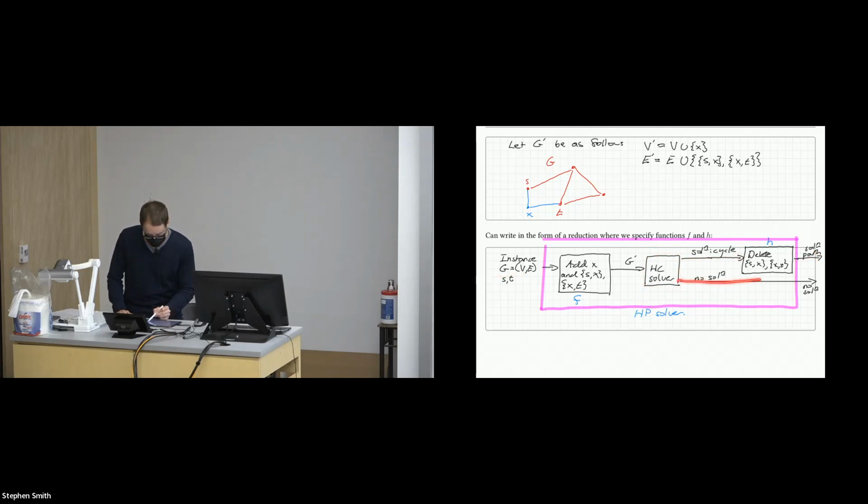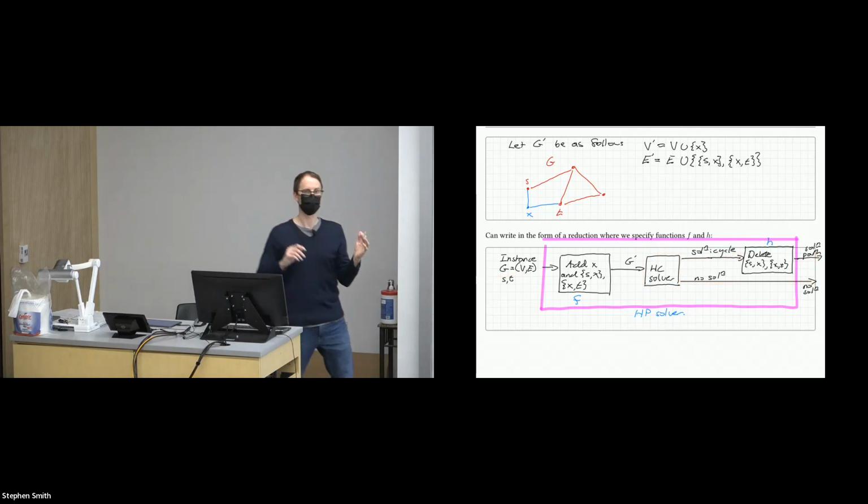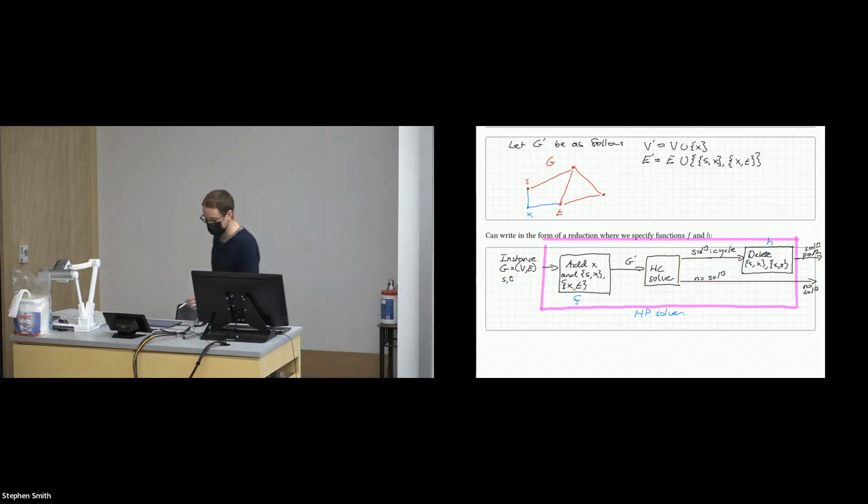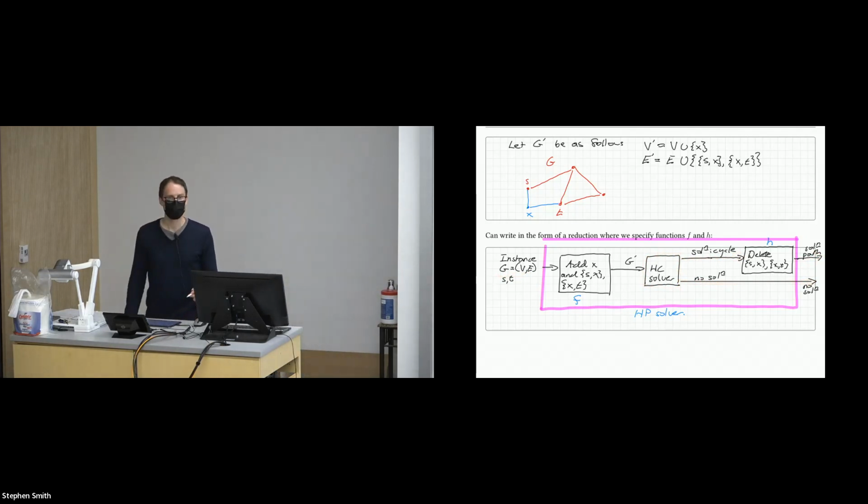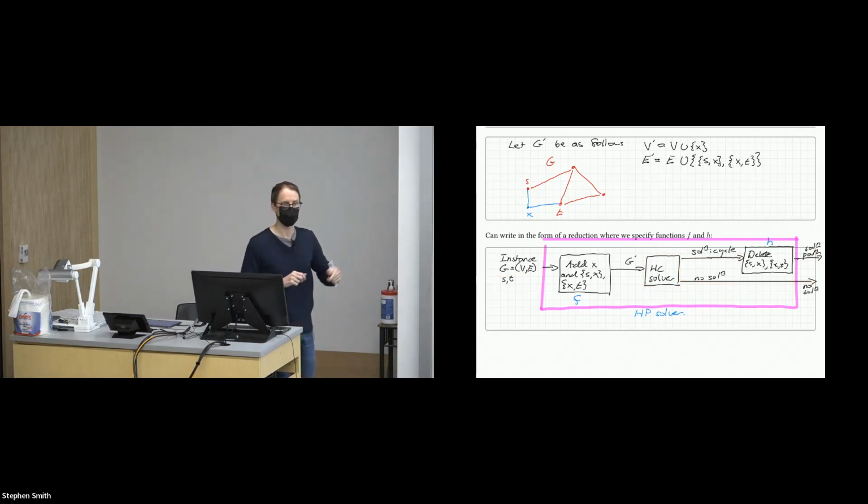And if it finds no solution, we just pass that out and say there's no solution to our input instance. That pink box then gives us a solver for Hamiltonian path, and inside that box is our reduction, which is these functions f and h, along with our Hamiltonian cycle solver.